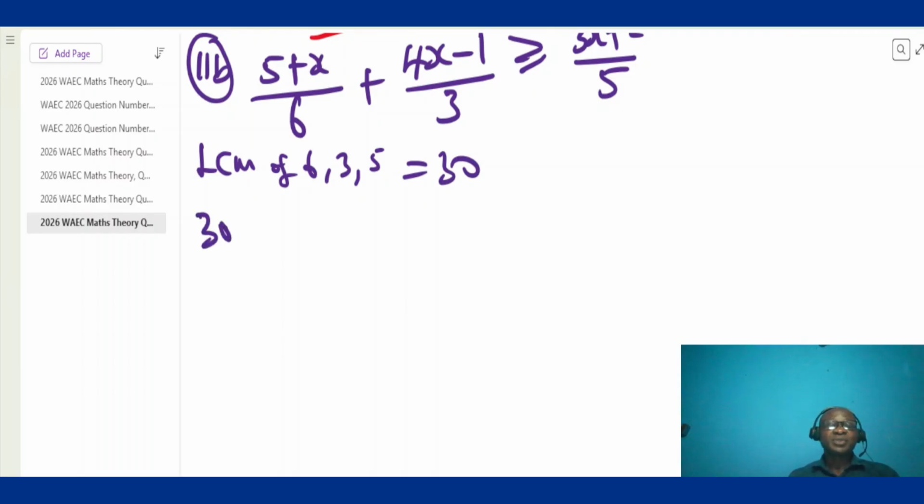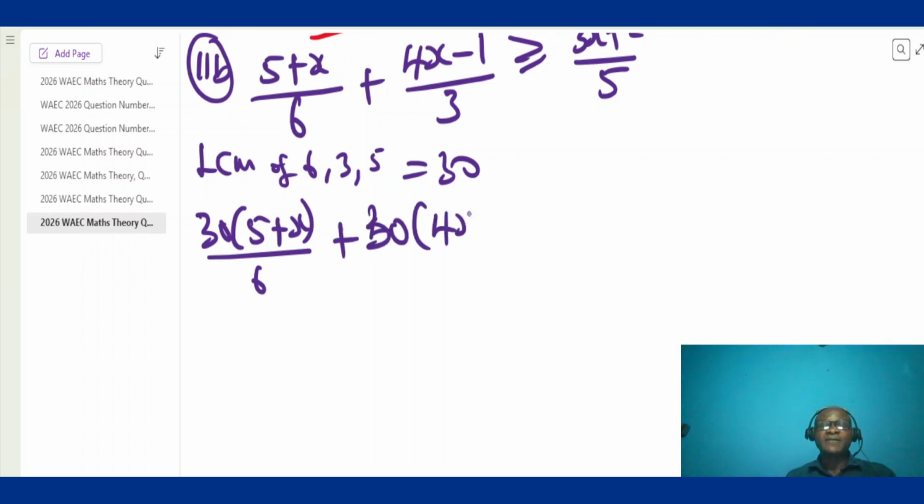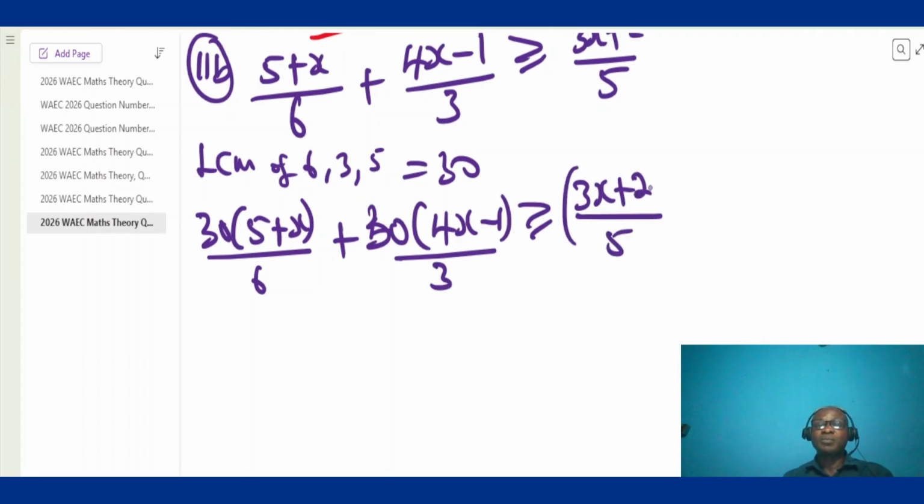That means 30 multiplied by 5 plus x divided by 6, plus 30 multiplied by 4x minus 1 all over 3, greater than or equal to 3x plus 2, okay, all over 5 multiplied by 30. What does this mean? This is simply a way to get rid of the fractions.